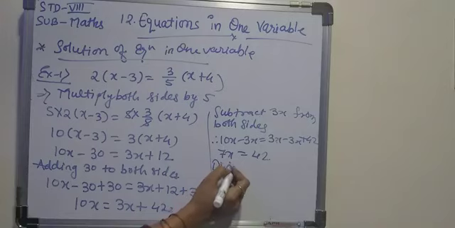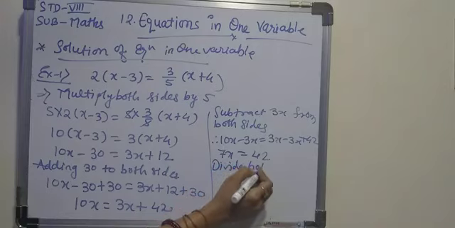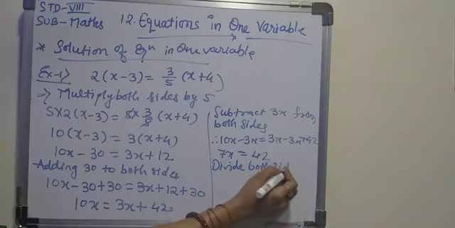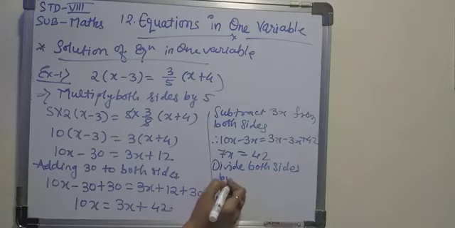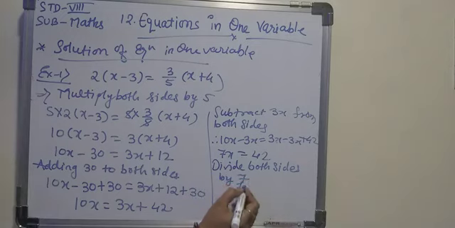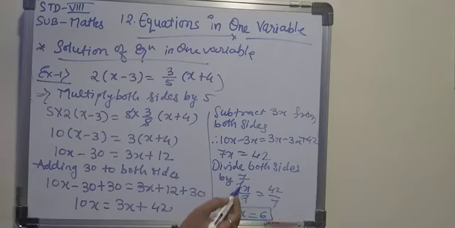Your next operation is divide both sides by 7. 7x upon 7 is equal to 42 upon 7. Therefore your x value is 6. Clear? 7 ones are 7, cancel. 7 sixes are 42.